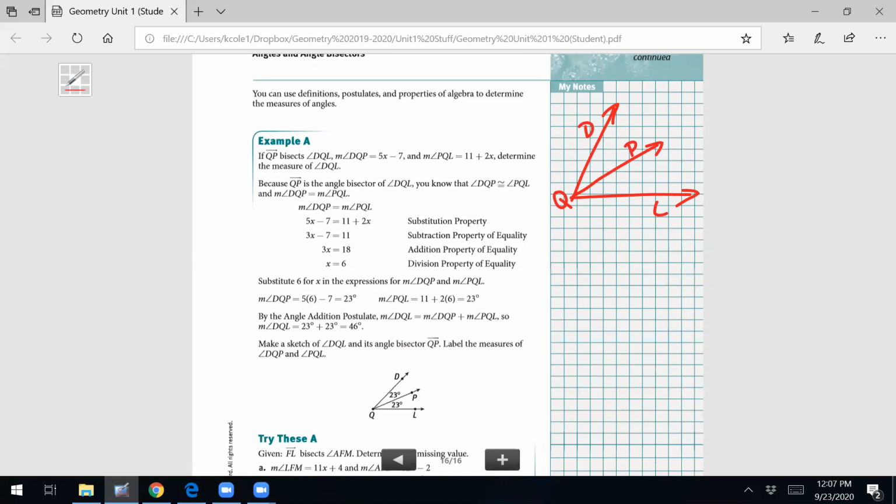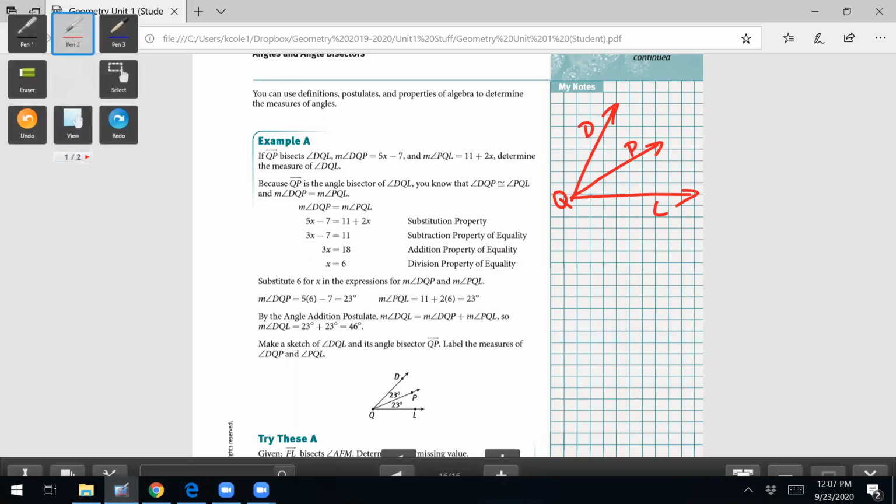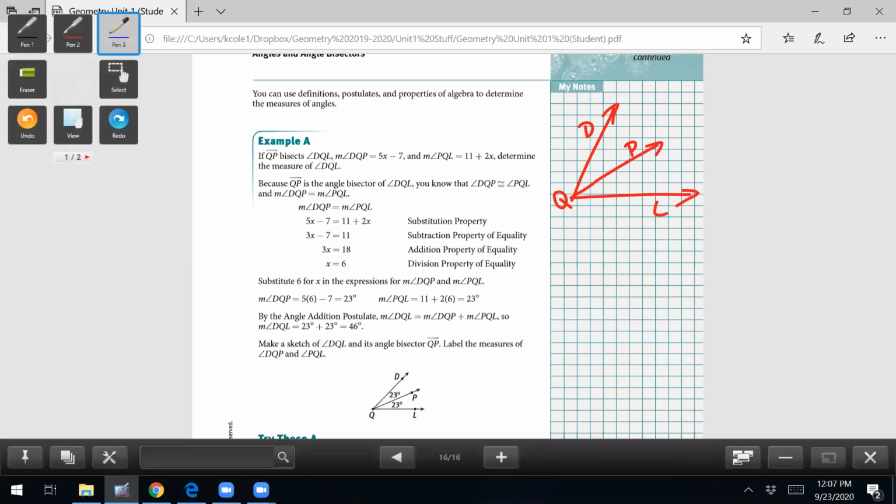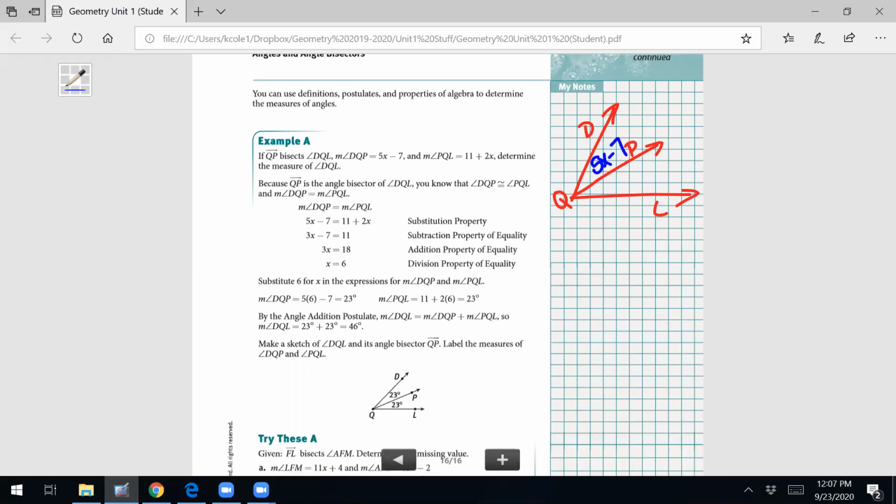So it says that DQP, which is one of the smaller ones, is 5x minus 7. Then it says PQL is 11 plus 2x. So they want us to determine the measure of the entire angle.